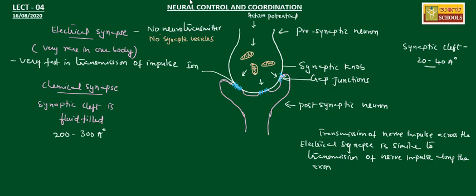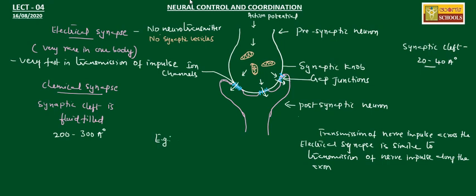The sodium will pass into the postsynaptic neuron, and that results in depolarization in the postsynaptic neuron, and the transmission of nerve impulse takes place from one neuron to another neuron.